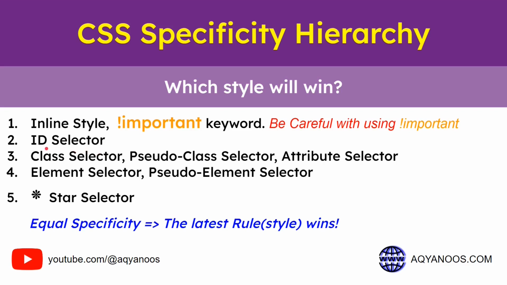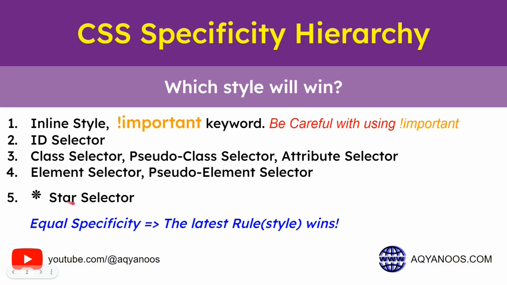Then you have ID selector after inline styles. Any style using the ID selector will win and get applied. After that you have class selector, pseudo class selector, attribute selectors, and then you have element selector and pseudo element selector, and at the end you have star selector.